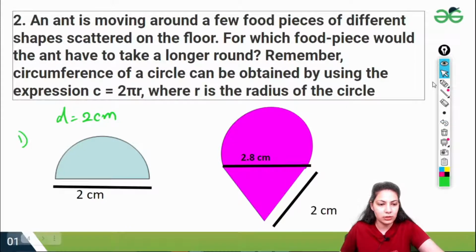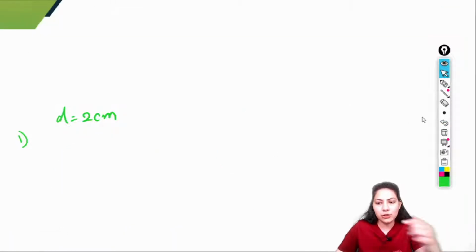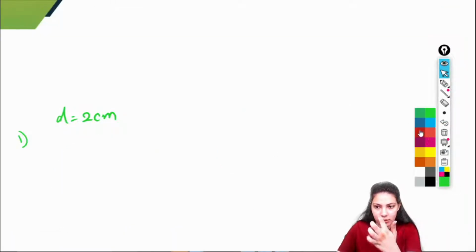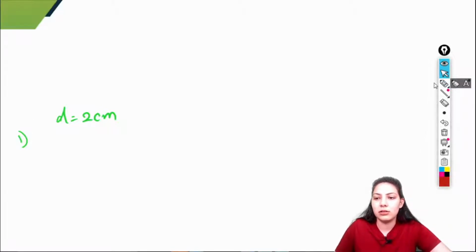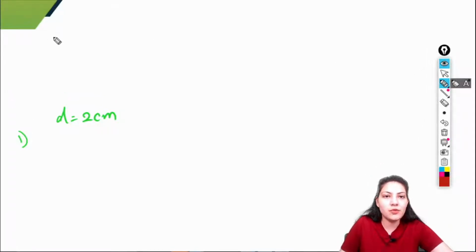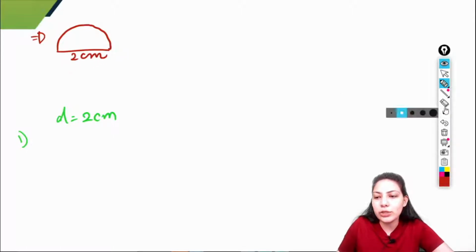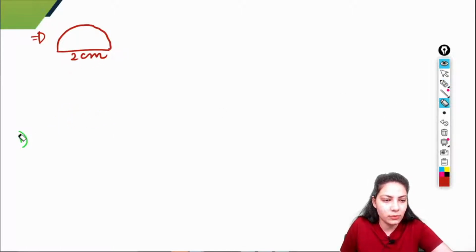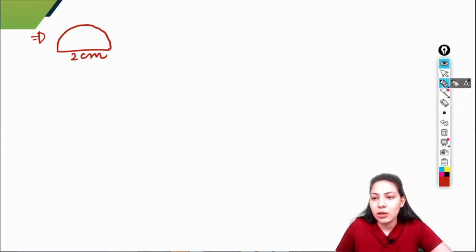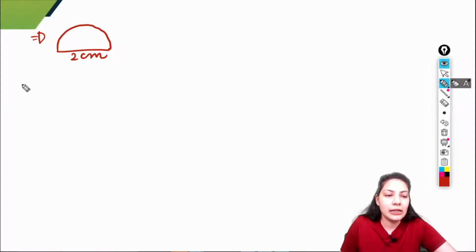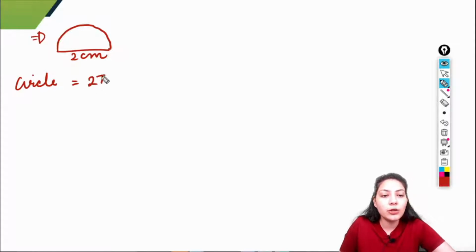Now let's move on and solve the first figure, perimeter. Since we are asked the longer round, we are supposed to find out the perimeter. So the figure was like this, and the diameter was given as 2 centimeter. As we know, the circle perimeter formula is 2 pi r.